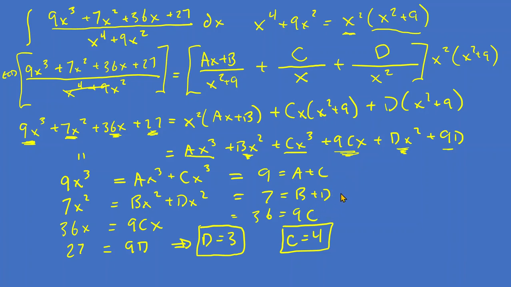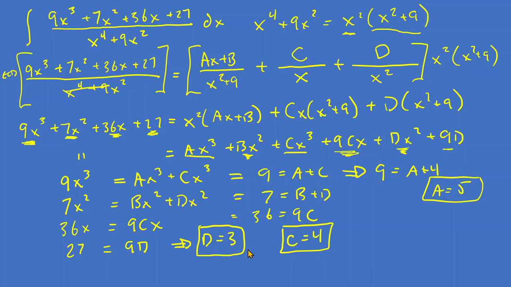And then, let's see. Here we have an a and a c. Oh yeah, c is 4. So if c is 4, we have 9 is equal to a plus 4, or a is going to be equal to 5. And then finally, we have 7 equals b plus d.